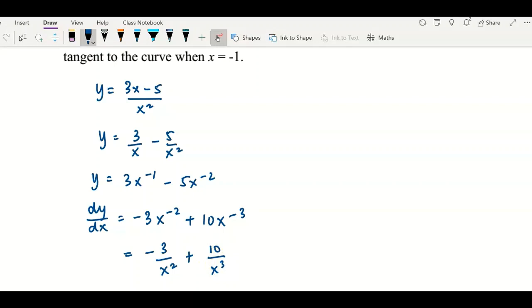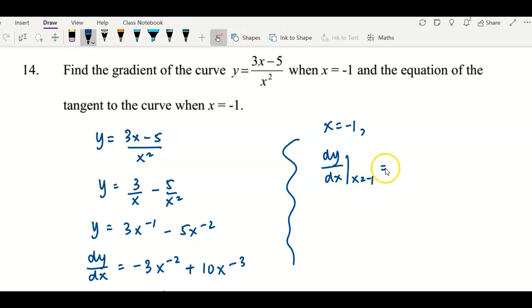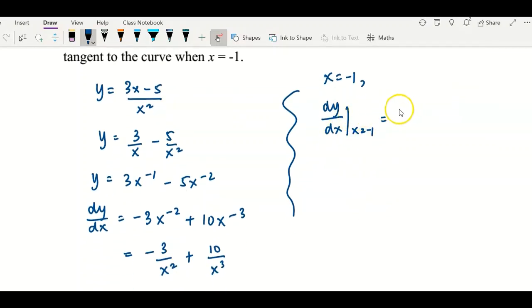In order to get the gradient at the point where x equals negative 1, you just substitute x equals negative 1 into the dy/dx. So dy/dx when x equals negative 1 is negative 3 divided by negative 1 squared plus 10 over negative 1 cubed.